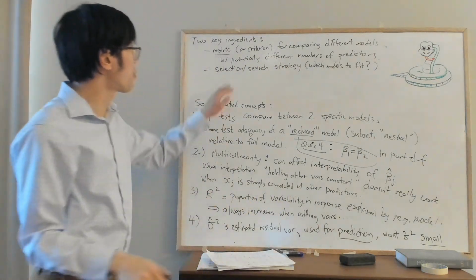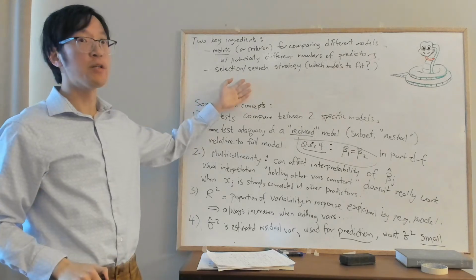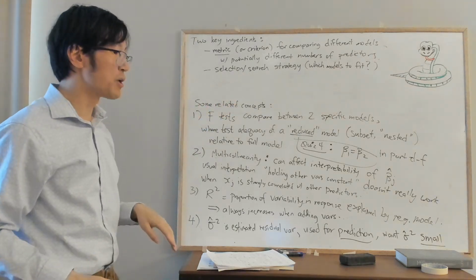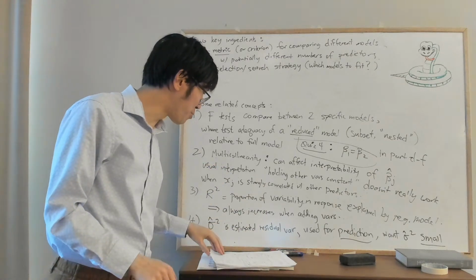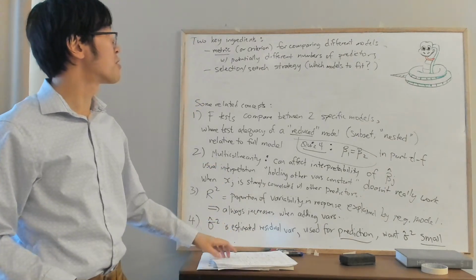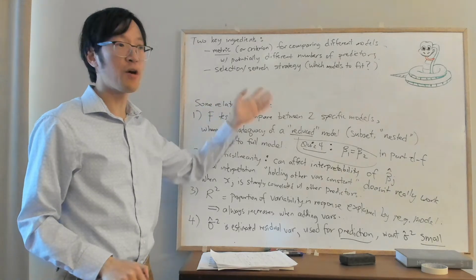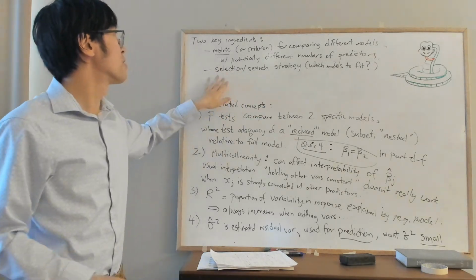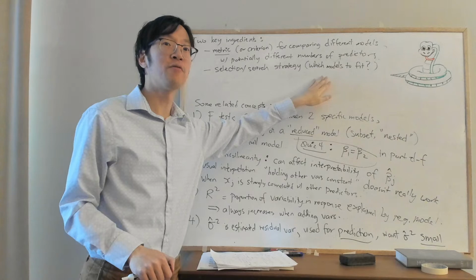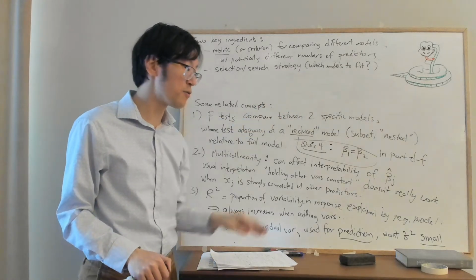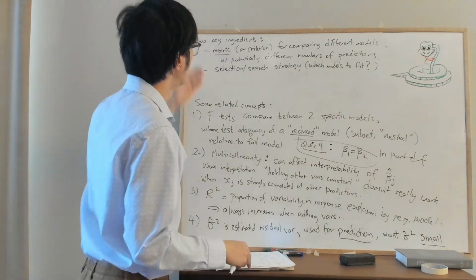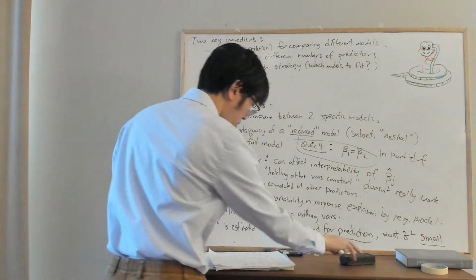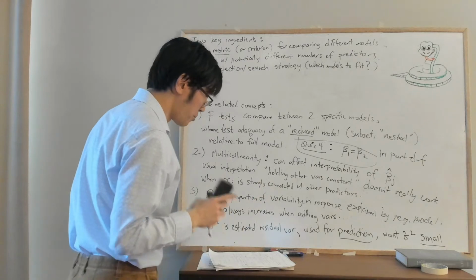When we have many predictors, it's computationally infeasible, even with multi-core parallelization. With more variables, the number of potential models we would have to test exhaustively grows exponentially. Those are two key ingredients, and I want to start with developing some metrics.